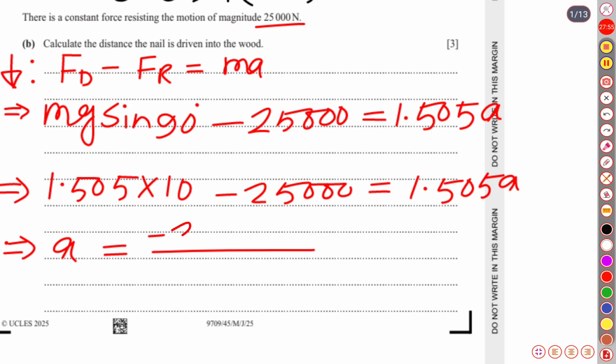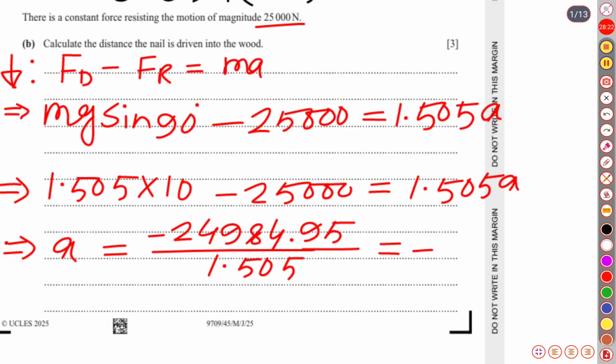negative 24,984.95 over 1.505. Then our acceleration is going to be negative 16,601.29568.